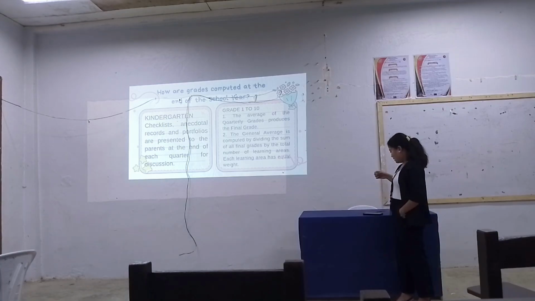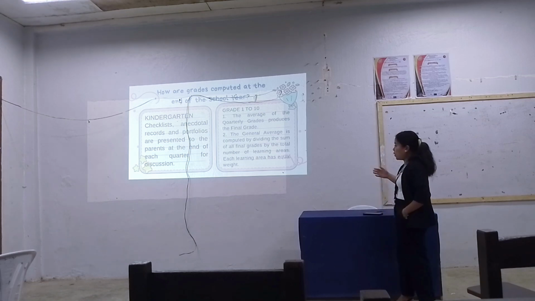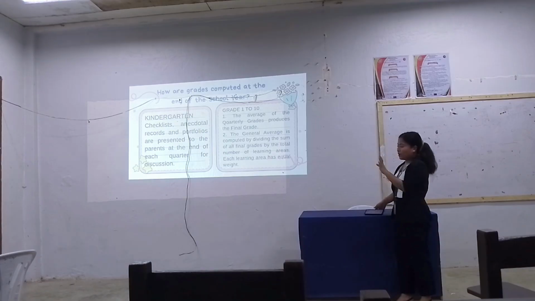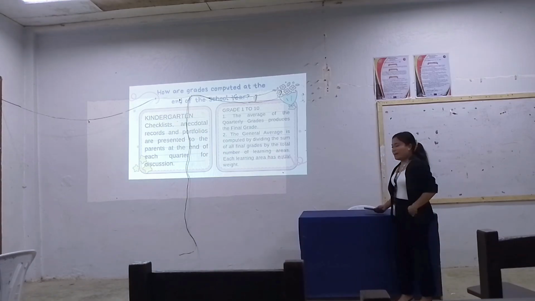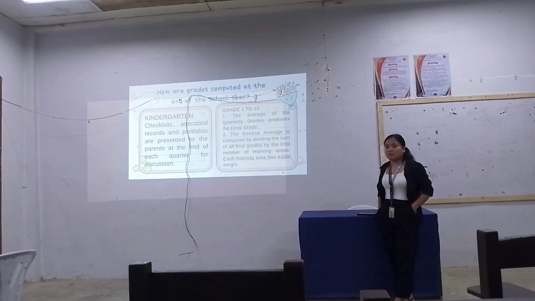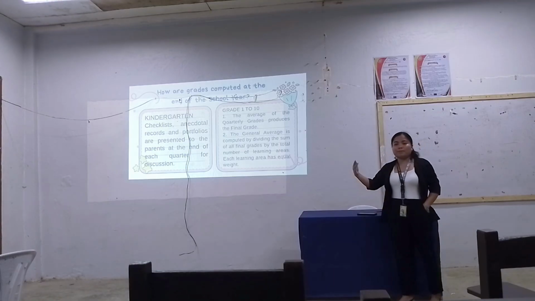At the end of the year or quarter, teachers and parents meet for a conference, providing insight into the child's growth and achievements, where teachers share how the children have improved.